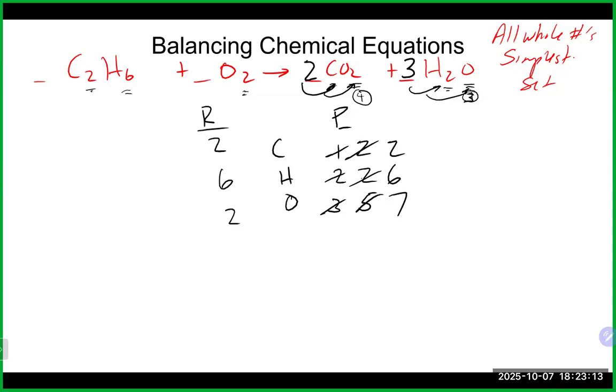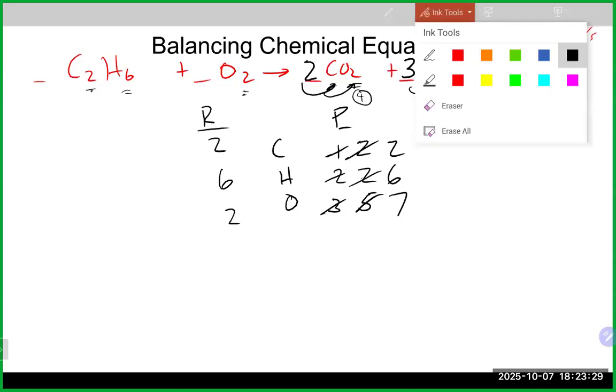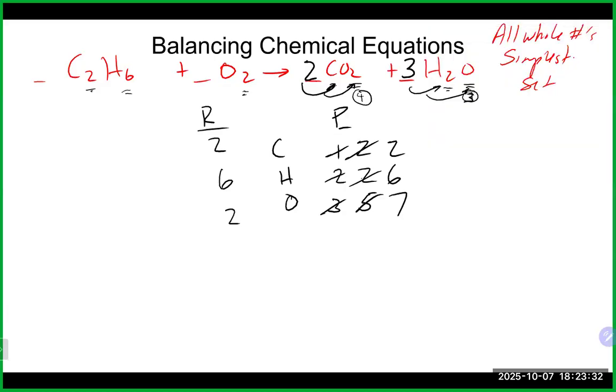At this point, we need to balance the oxygen on the left-hand side. And we definitely don't want to mess with the numbers on the right-hand side because we're almost there. So we basically need to turn our 2 into a 7. And as you may remember, or if you don't remember, you can do that with something like 7 over 2 in this case.